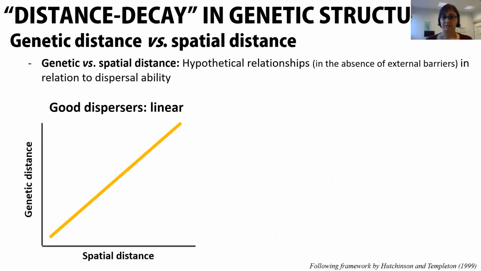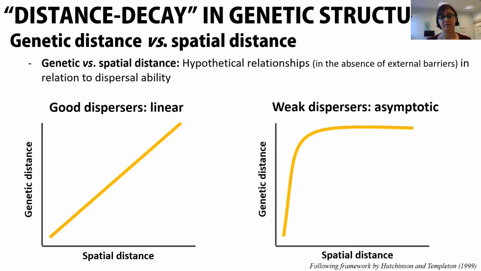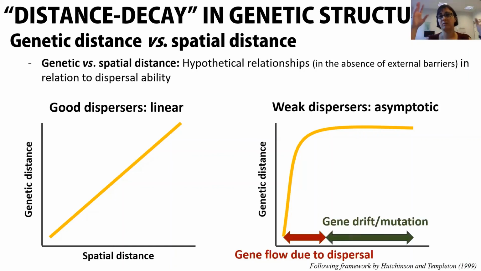Because in the theoretical framework that was proposed by Hutchinson and Templeton, they clearly explained that we would expect a linear relationship between genetic and spatial distance in the case of good dispersers, but in the case of weak dispersers, the relationship would be asymptotic, because we would observe gene flow due to dispersal when there is an increase in the curve, while when we reach the asymptote, those are populations that are evolving independently, and it will be the result of gene drift and mutation.